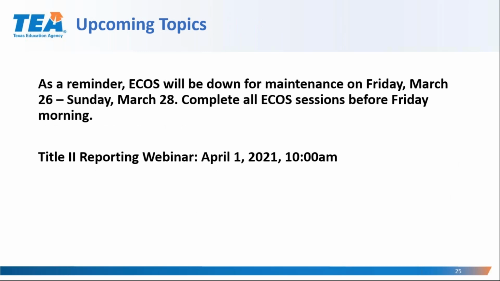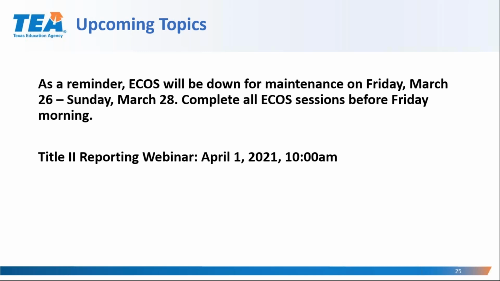Before we leave you today, I have a couple of other reminders for you. First, ECOS will be down for maintenance starting on Friday, March 26th, and continuing through sometime on Sunday, March 28th. Essentially, EPPs should expect that they won't be able to access ECOS during that weekend.